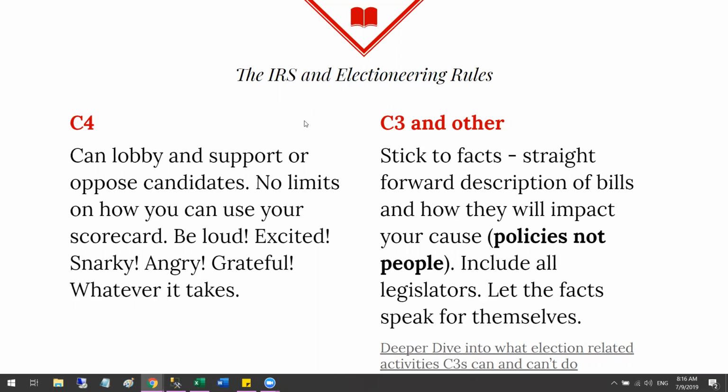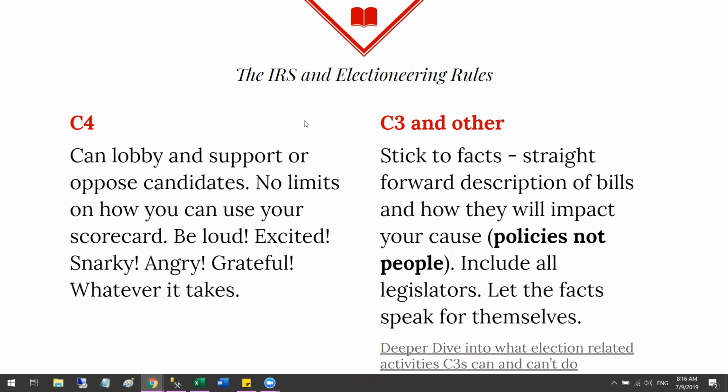You're still dealing with people as elected officials, and how they vote on your issues. So you're supporting elected officials based on their votes, or you're opposing elected officials based on their votes. You're not supporting or opposing candidates.